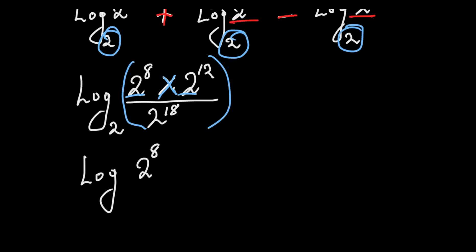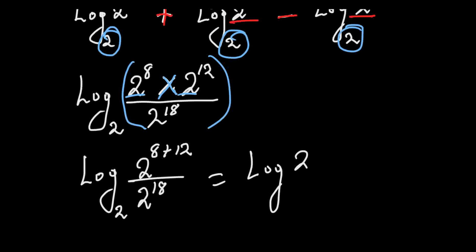So this will be 8 plus 12 over 2 to the 18th power, to base 2. So this will be equal to log. 8 plus 12 is 20. So this will be 2 to the 20th power over 2 to the 18th power, to base 2.